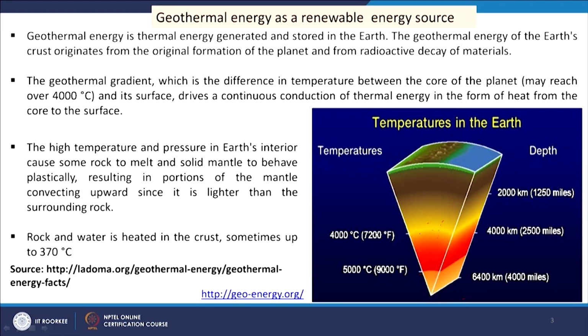Now, this is basically a natural phenomenon, and it will exist, it will never end. That is why geothermal energy is considered a renewable energy. Now, how will we use this? We can use the heat directly or indirectly.